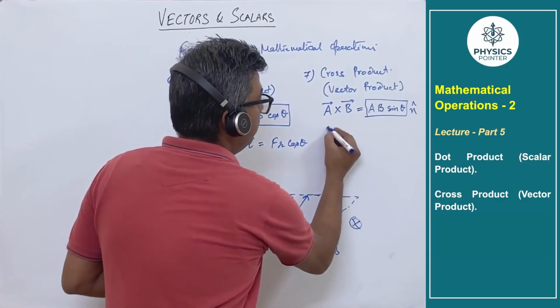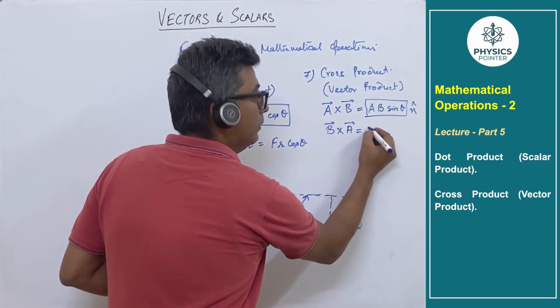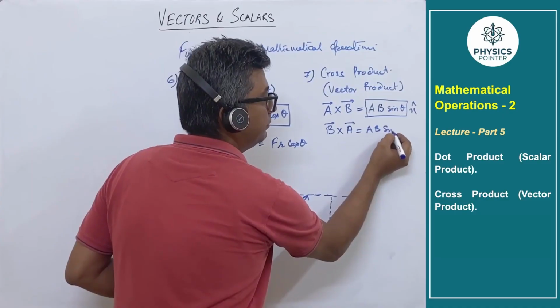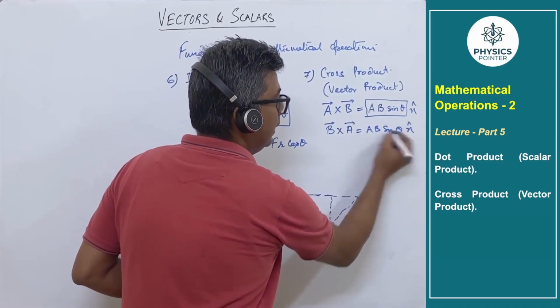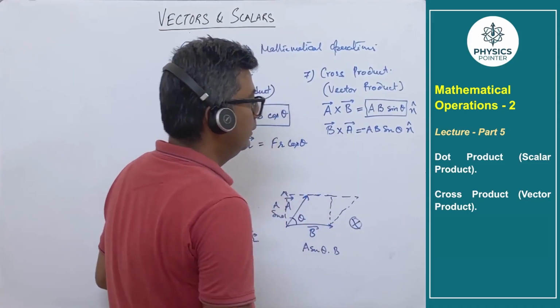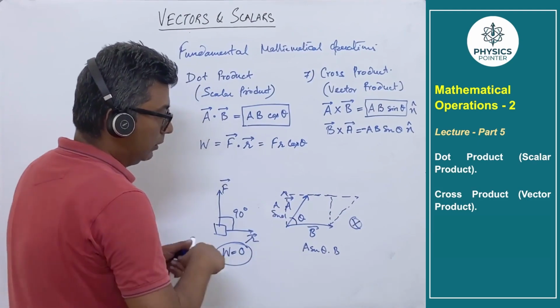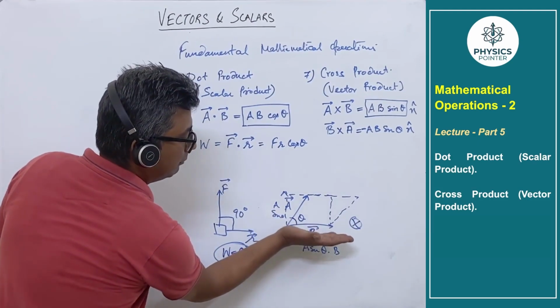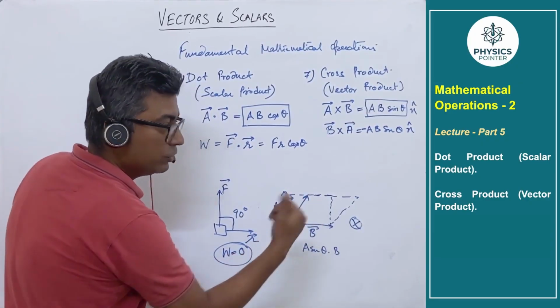Now let's say I do B cross A. The value will be the same. The only thing that changes is the normal vector. Now what is the normal vector? My fingers need to curl from B towards A. For B cross A, the thumb goes out.